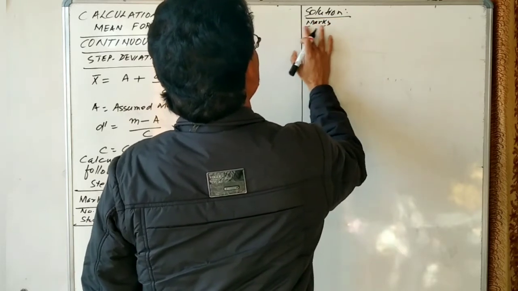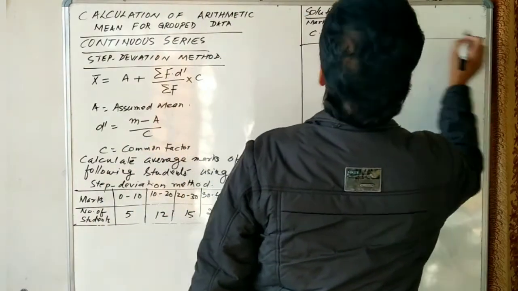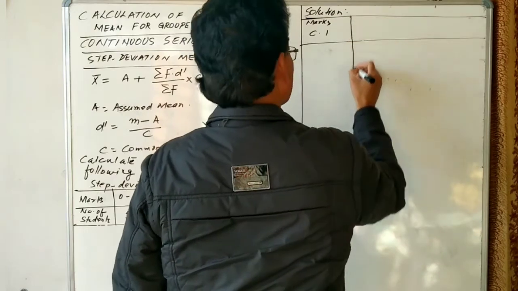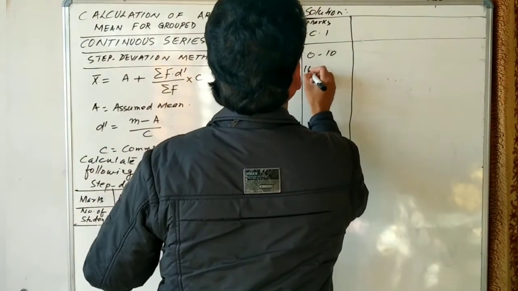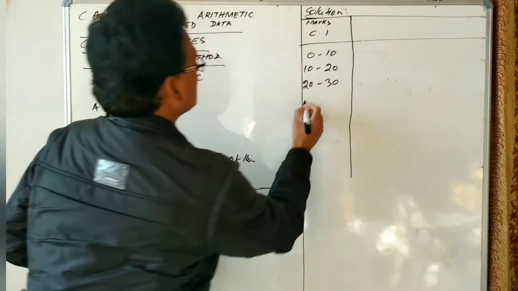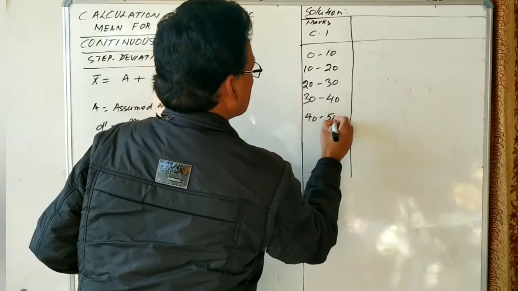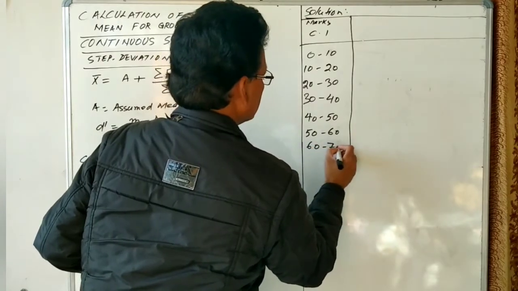Marks, we can write class interval also: 0 to 10, 10 to 20, 20 to 30, 30 to 40, 40 to 50, 50 to 60, 60 to 70.